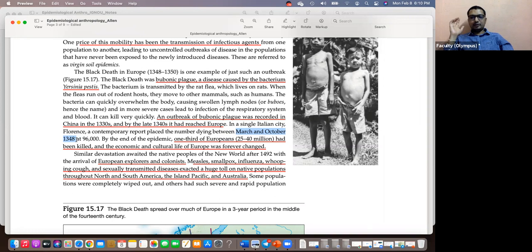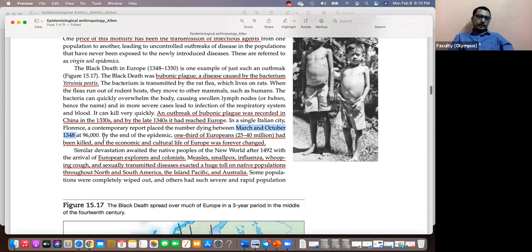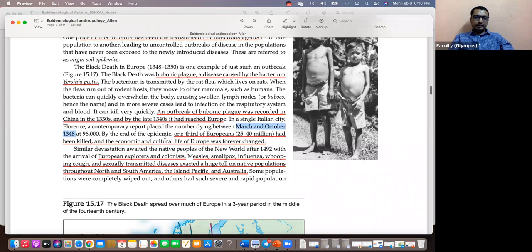And in the 1300s, we're talking about, not today, much less connected than how we are connected today. And by the end of this epidemic, they said one third of the Europeans died. Because of this problem, one third of the Europeans were killed.